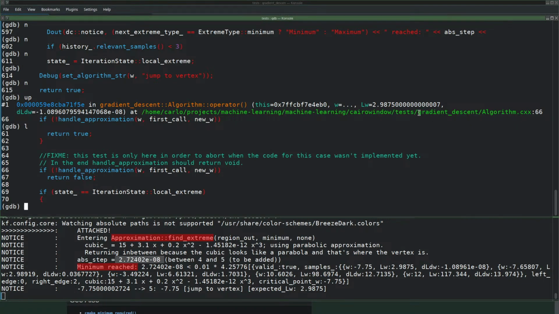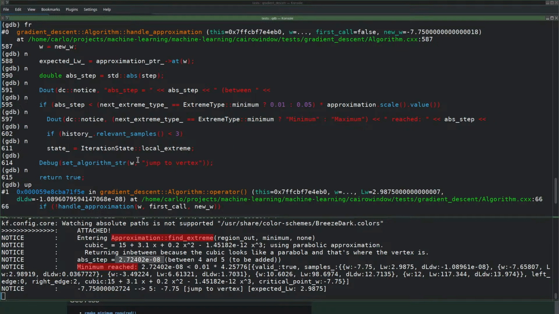Okay, let me have a look at this code. This is the whole detection that I have.